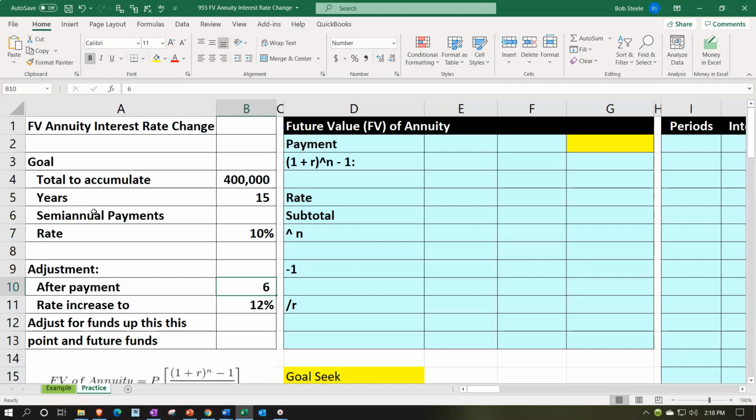We would have to figure out how much we had accumulated up to that point for the 6 payments at the 10%. We'll have to take that and assume that we're going to get a return on that at the new 12%. And we're now going to have to make another annuity, assuming the new rate from that point in time forward using the 12%. That's going to be the new component.